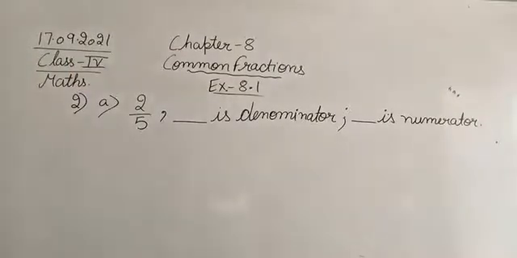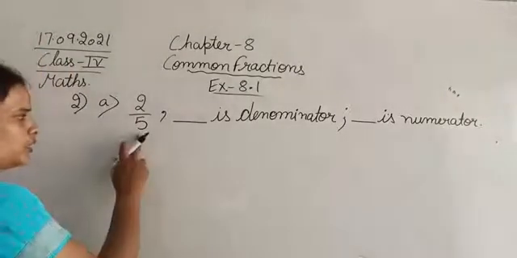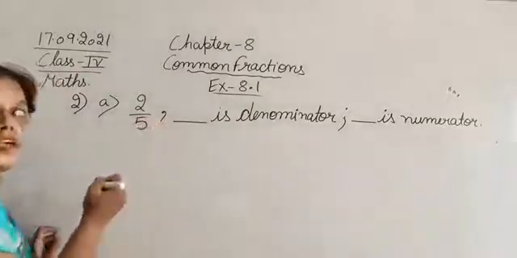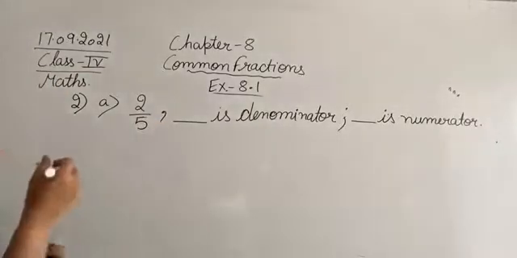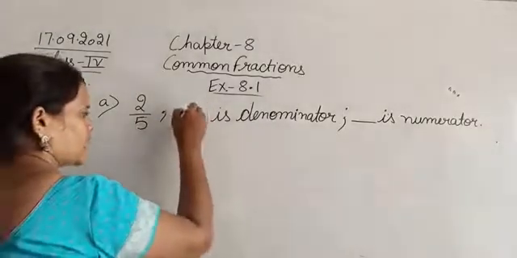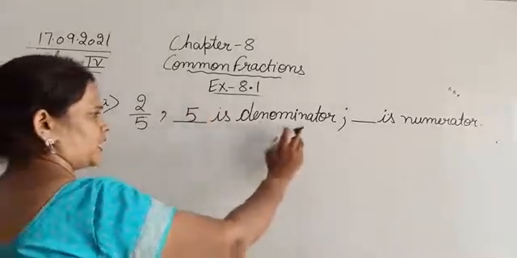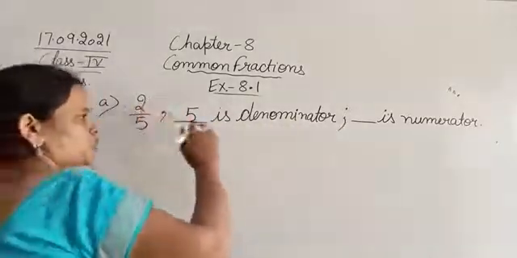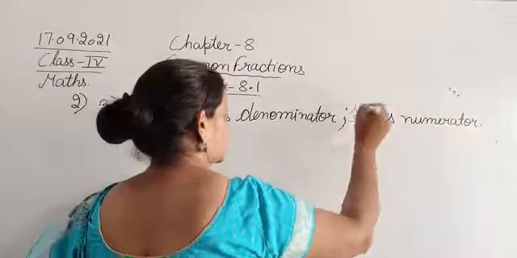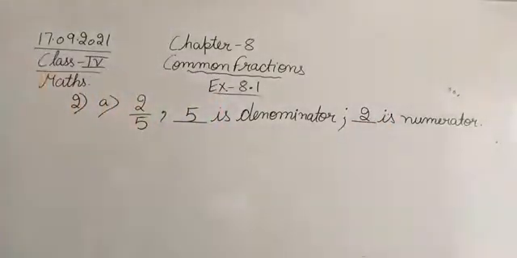The denominator is the down one. D for denominator, D for down. So 5 is the denominator and 2 is the numerator.